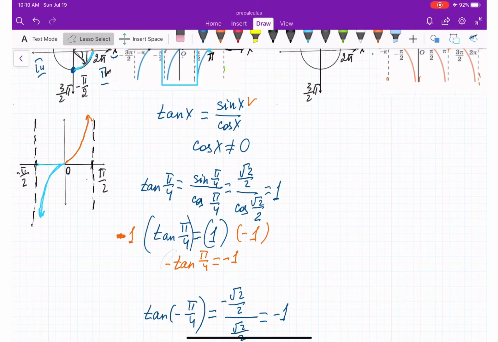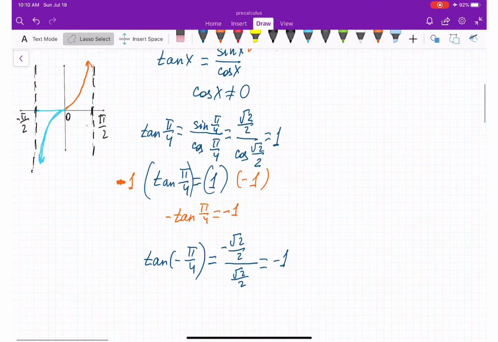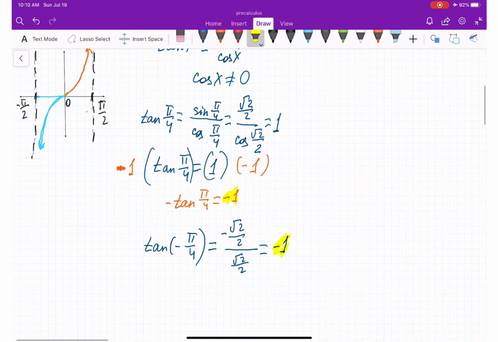So, what can we say about it? If negative tangent pi over 4 equal negative 1 and tangent negative pi over 4 is equal negative 1, if in a case of two equations, left sides are equal, that means right sides also have to be equal, correct?